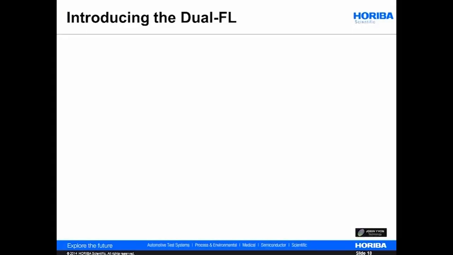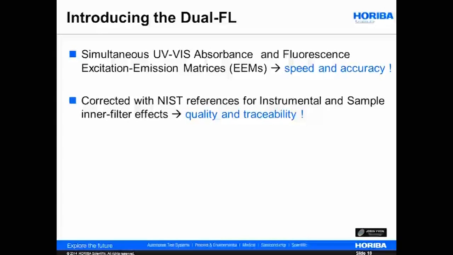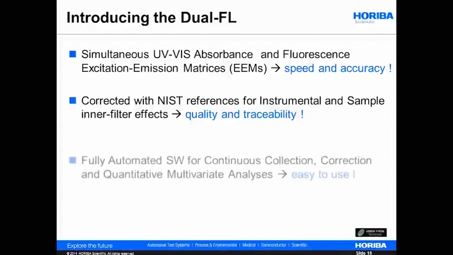Thank you, Renaud. So here are summarized the key features of the Dual-FL. The simultaneous UV-Vis absorbance and fluorescence EEM capabilities give speed and accuracy to your analysis. The system is also corrected with NIST reference for instrumental and sample inner filter effects correction, which means that your analysis is qualitatively good and traceable.